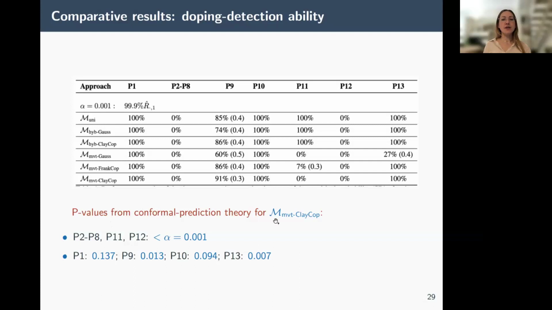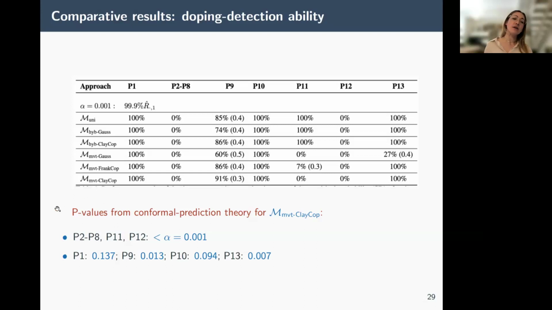And another thing given by the conformal theory is that for each point analyzed, it provides an empirical p-value, because the R function that we have seen before has the characteristic of a p-value. It has a uniform distribution.